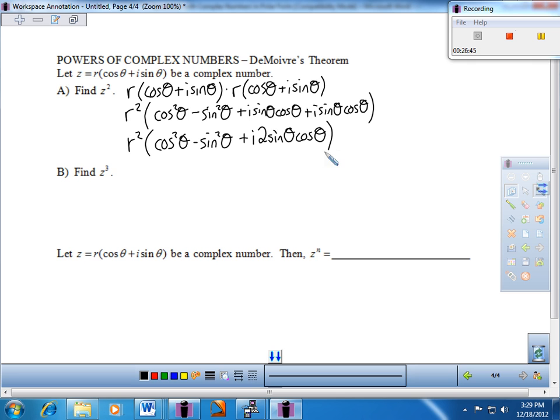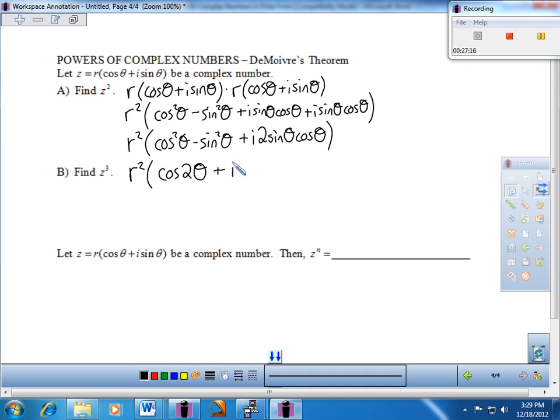I know the suspense is killing you if you don't know it. But that, everybody, is what is called the double angle formula for cosine. So as a matter of fact, that is actually just the cosine of 2 theta. Double angle, remember that? Cosine squared minus sine squared.